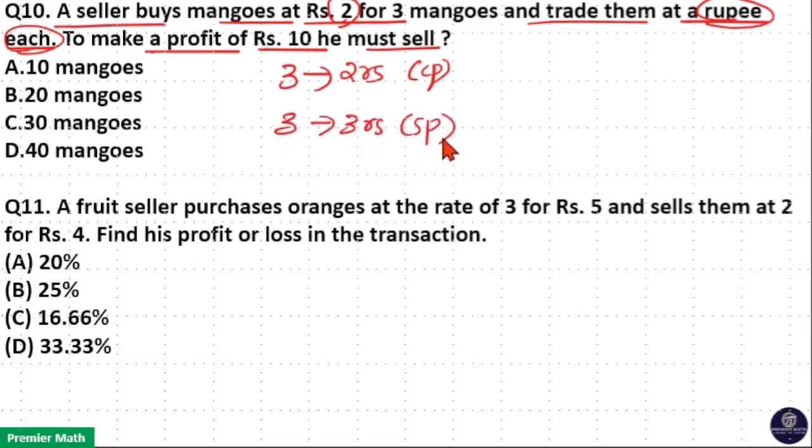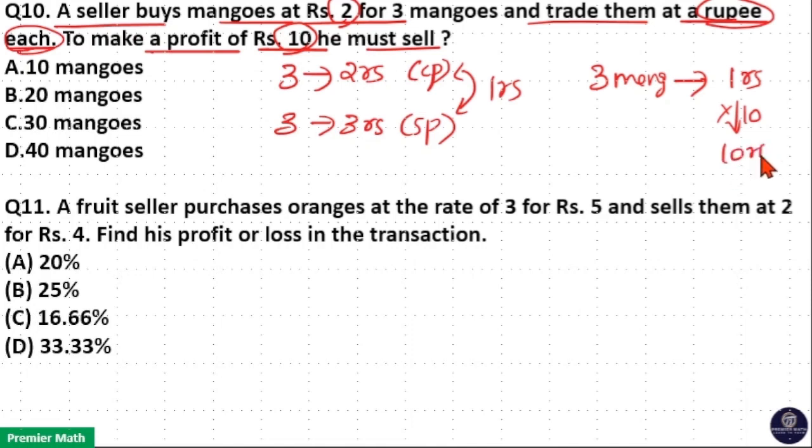So this is the sell price. Now the difference between CP and SP is 1 rupee. Now out of 3 mangoes, he gets 1 rupee profit. So to make 10 rupees profit, he should sell 3 into 10, 30 mangoes. So option C is your answer.